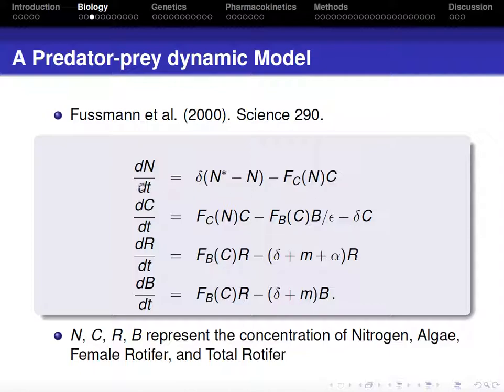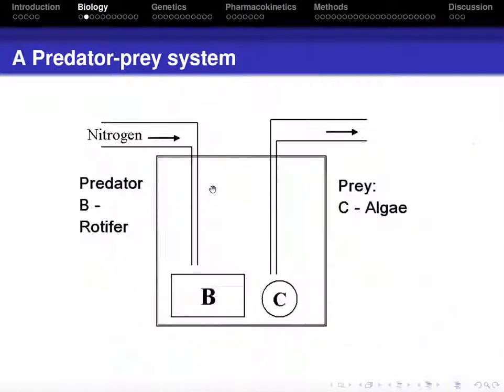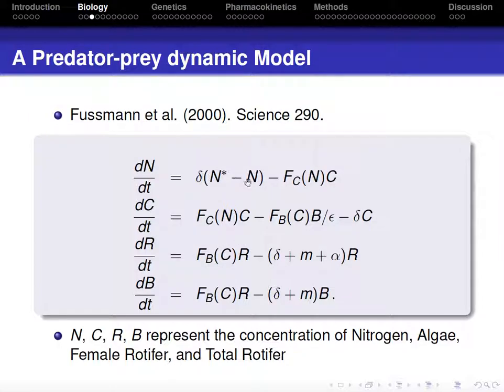So for the first equation, the left side is the rate of change of the nitrogen inside the tank. And you can see here we have a positive term, delta N star, which represents the nitrogen going into the tank at the rate delta, right? And then there is a minus delta N, representing the nitrogen being removed from the system at the rate delta, right?